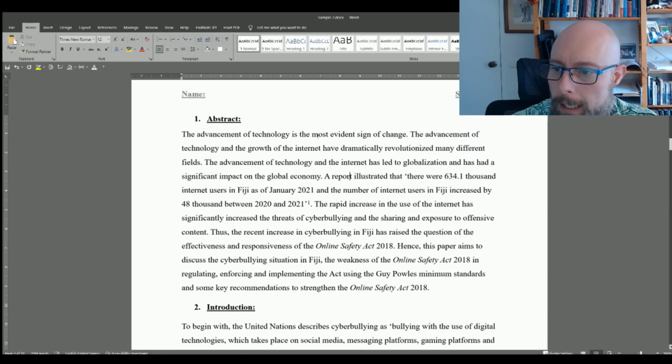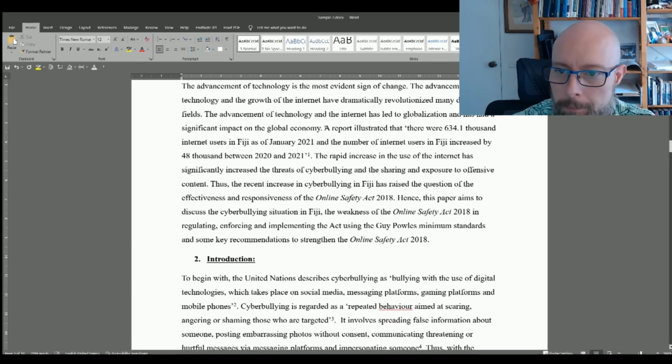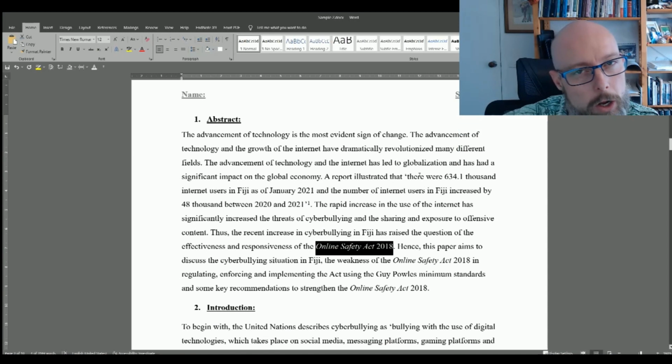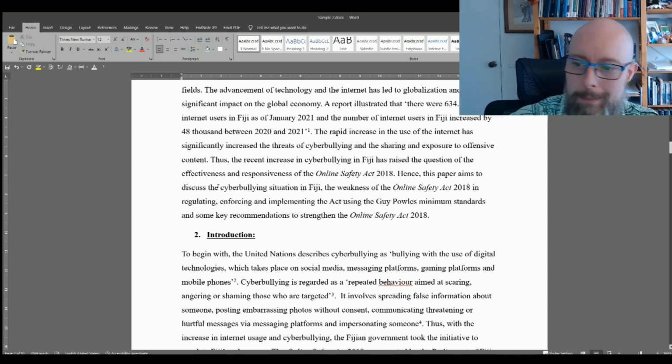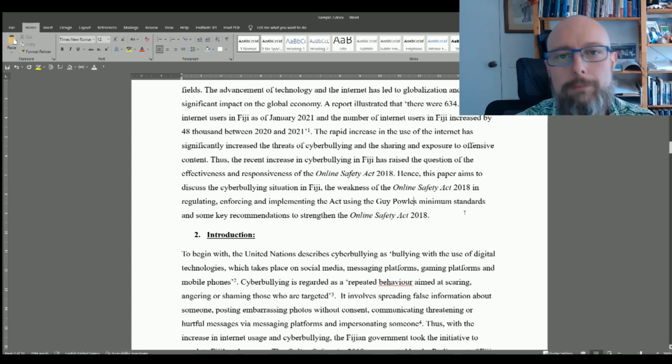However, it says, the issue is technology. Fiji introduced an Online Safety Act. That could be earlier in the abstract. And this paper discusses this, looks at the weaknesses, and uses the PALS minimum standards framework. And it also mentions some key recommendations.